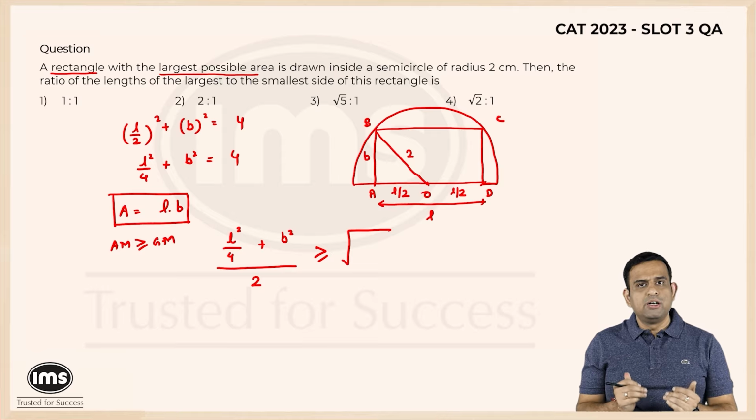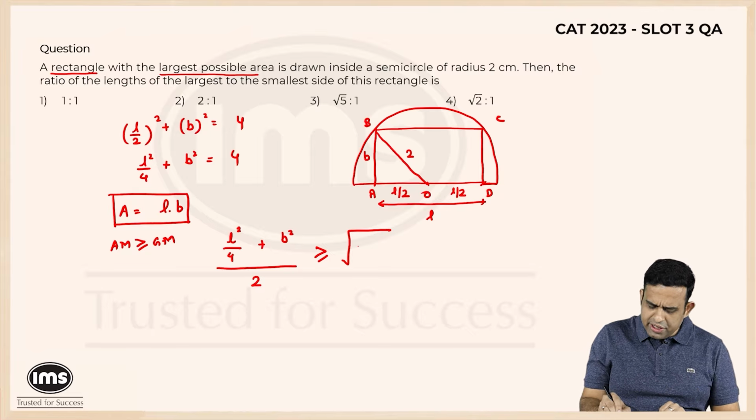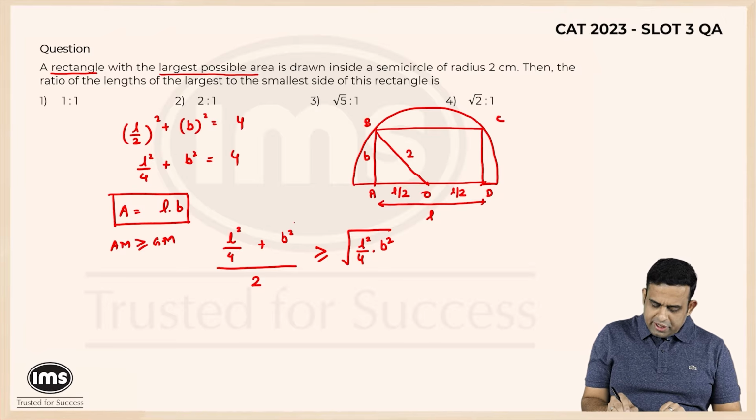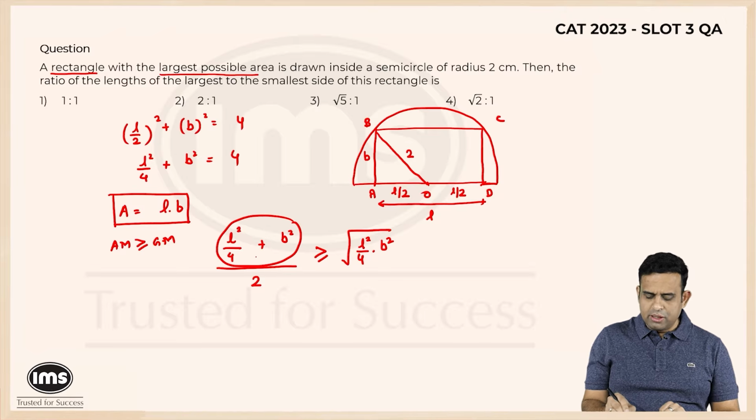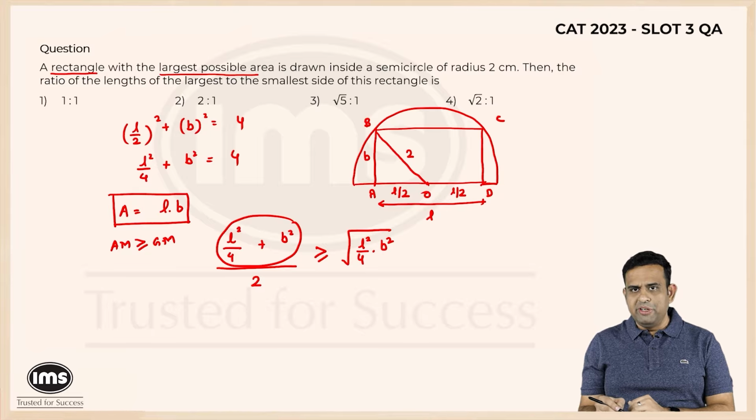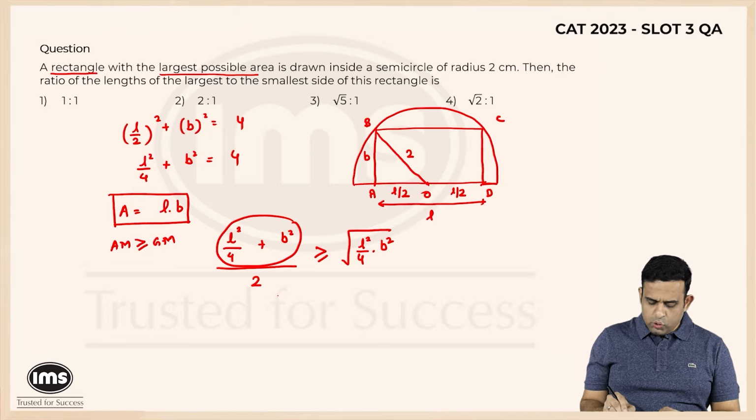Please note the terms L square by 4 and B square are both positive, so we can definitely use the AM more than or equal to GM property. So one gets the square root of L square by 4 into B square. Now this particular part is known to us as the number 4. L square by 4 plus B square is 4. 4 upon 2 becomes 2.